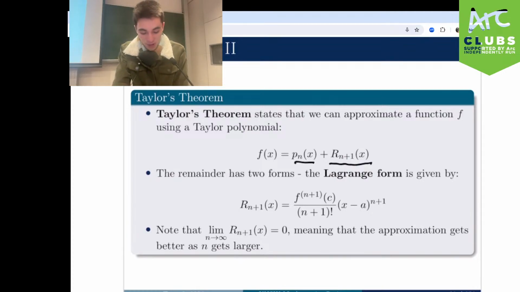And we can write this remainder in two different forms. The first form is this complicated looking expression, where it's the n+1th derivative of our function f, evaluated at some point c, where c is between x and a.